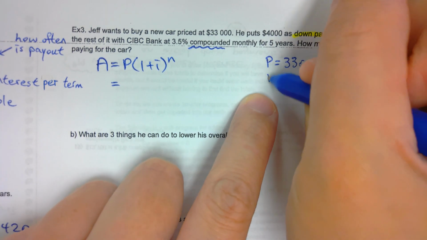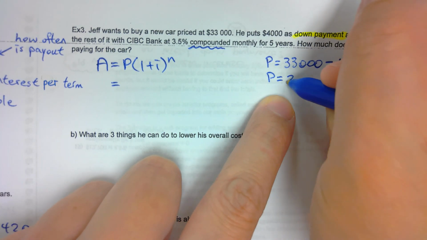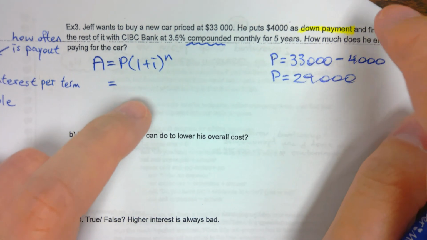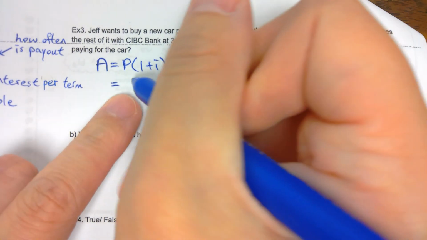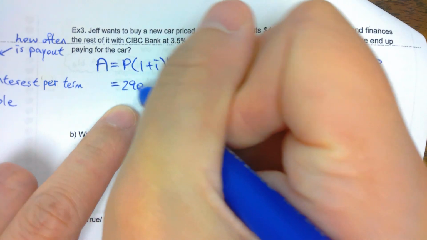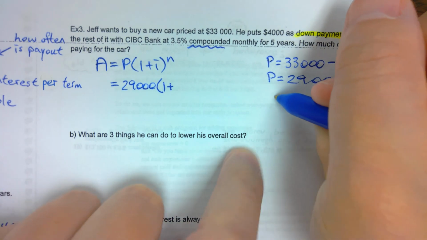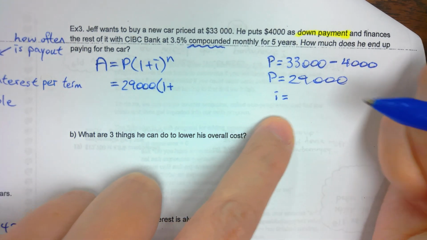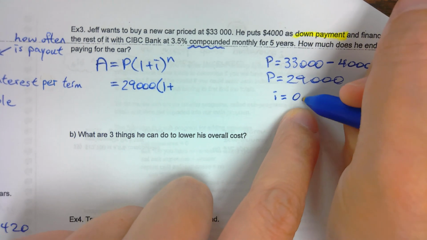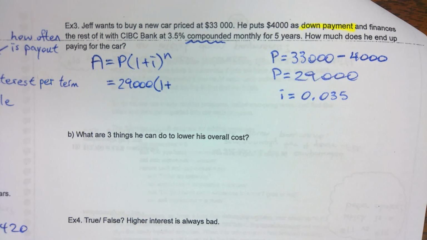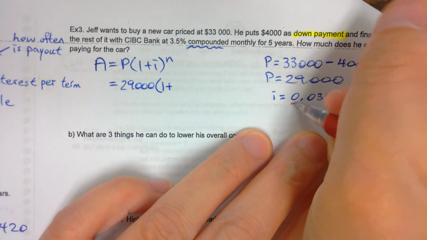Right. So in this case, P is 29,000. A lot of people put down a down payment so that they lower their principal amount. Then 1 plus i, where i is the interest rate. So 3.5% as a decimal is 0.035. Felix, what do I have to do with this i?